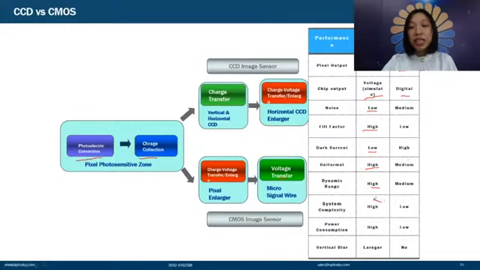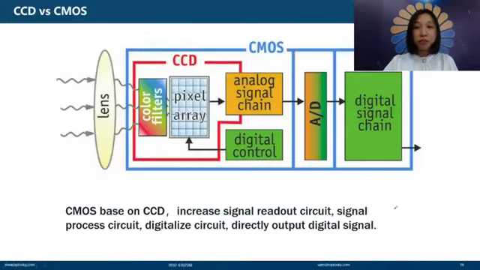However, CCD has a more complex system, the power consumption is bigger, and the volume is larger. So this is the weakness of the CCD. However, CMOS has advantages over the CCD in these last 3 parameters.